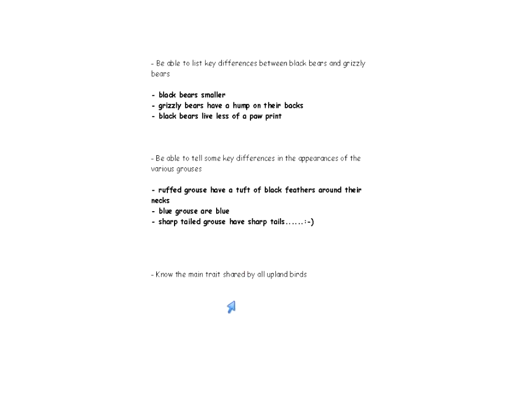Okay, how about all the different upland birds, like pheasant, those kind of creatures? Do you know what you would say is the main trait that's shared by all of them? Any idea? It has to do with another type of creature that they're kind of similar to.